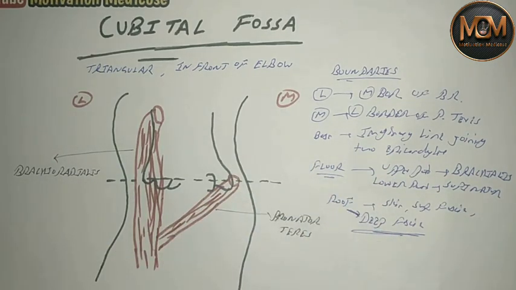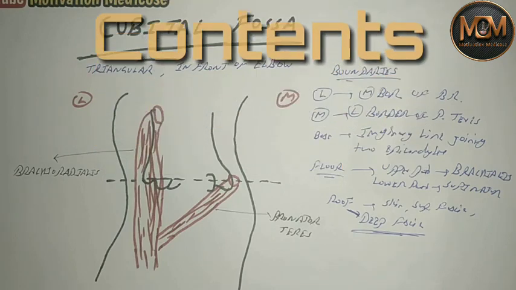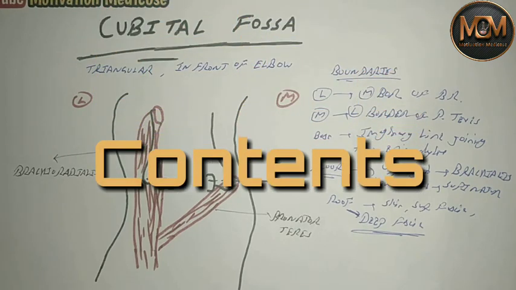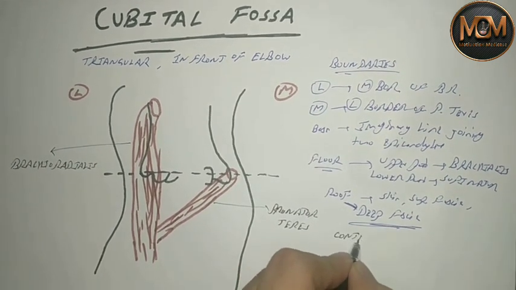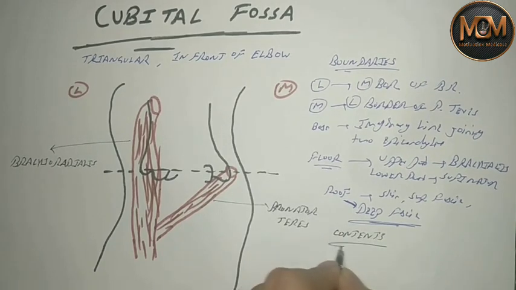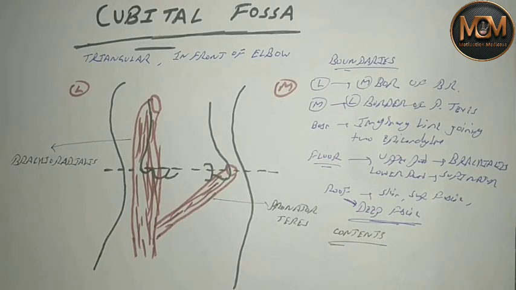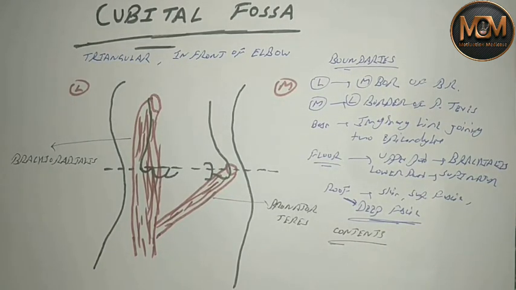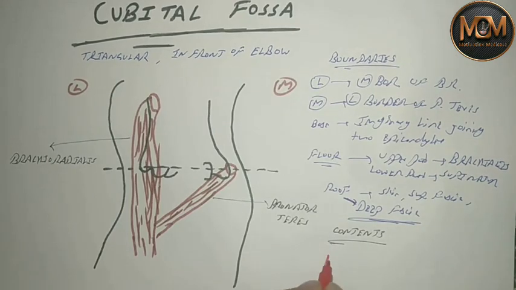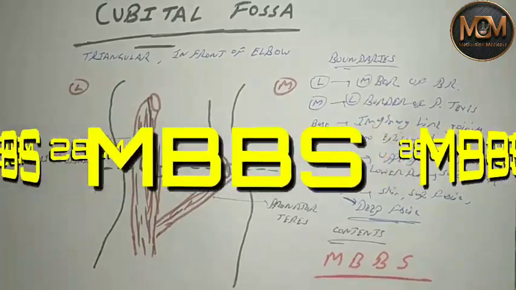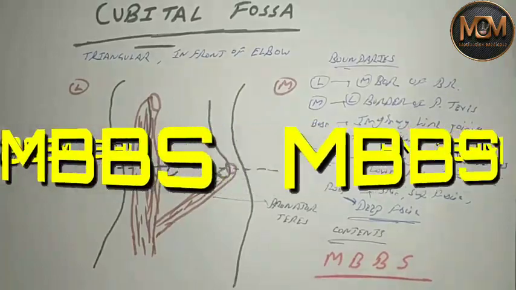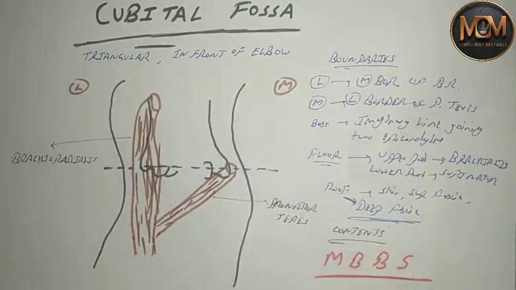Now we'll see the contents of the cubital fossa. You can remember the contents by a simple mnemonic, MBBS. Now I will explain it.